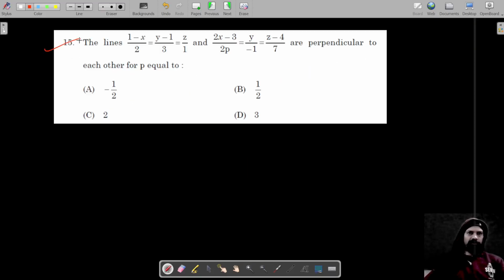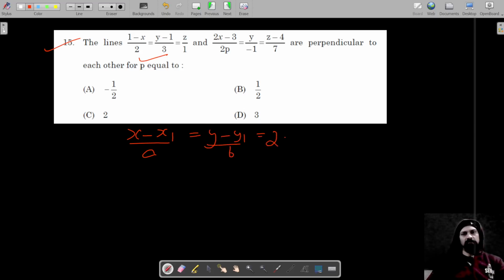For question number 15, we are given the Cartesian equations of two lines, and they are perpendicular to each other. So we have to find the value of p. We know that the standard Cartesian equation of a line is x minus x1 by a is equal to y minus y1 by b is equal to z minus z1 by c, where x1, y1, z1 are the coordinates of the point through which it passes, and a, b, c are the direction ratios.